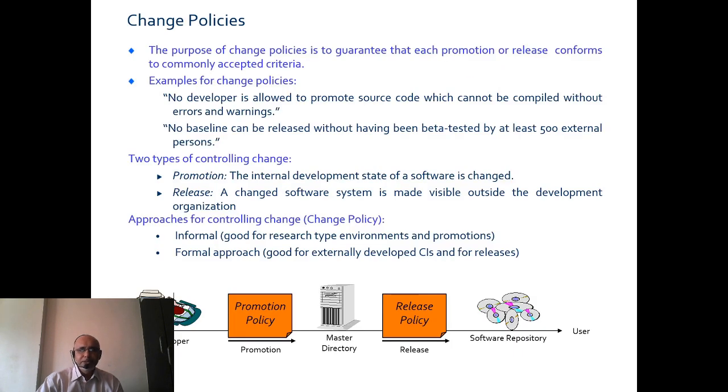So for the change policies, you have to have two policies now. Developers do promotions to the master directory, and from the master directory you find the releases, and you make the software repository. So you have to define the promotion policy to create the master directory, and the release policy to work out the software repository.